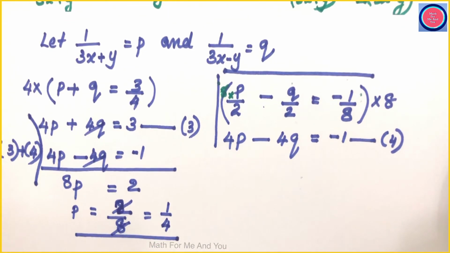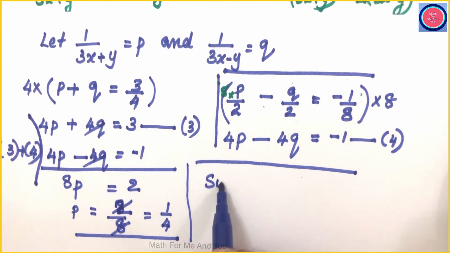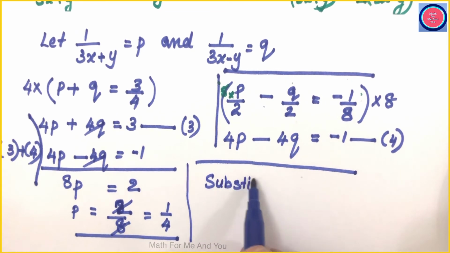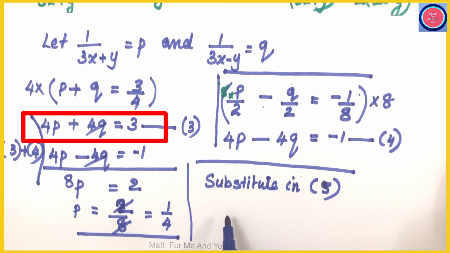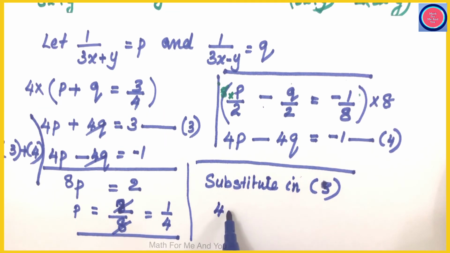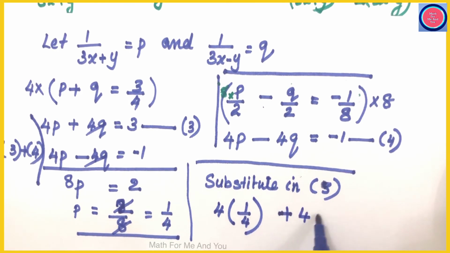What next? Yes, we will use this value to get the value of q. Any of the equations you can select, equation number 3 or 4. I am substituting in equation number 3. And this equation is 4p plus 4q equals 3. So we are going to substitute for p, that is 1 over 4. 4 times 1 over 4 plus 4q equals 3. 4 and 4 we can cancel.